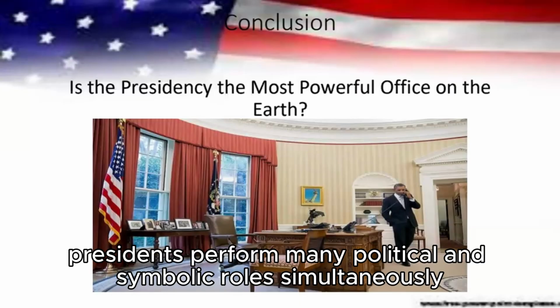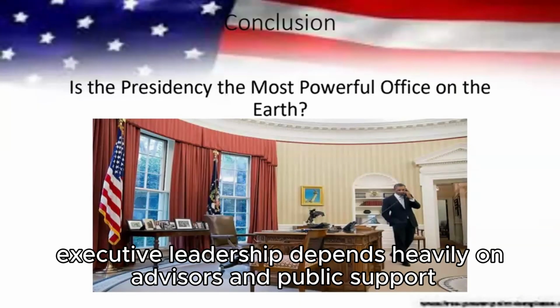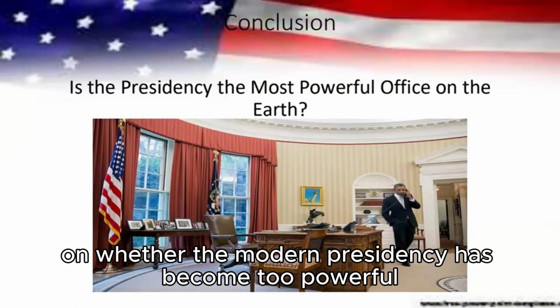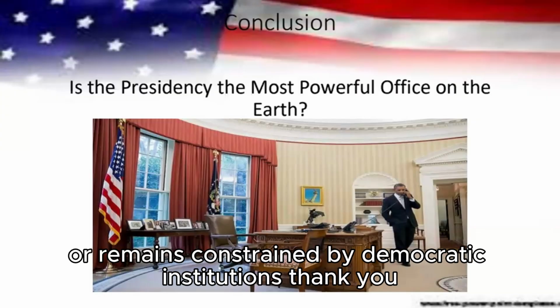Fifth, presidents perform many political and symbolic roles simultaneously. And finally, executive leadership depends heavily on advisors and public support. So from that, we know that there is still this major debate on whether the modern presidency has become too powerful or remains constrained by democratic institutions.